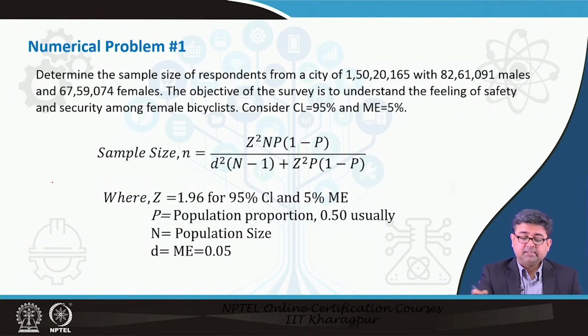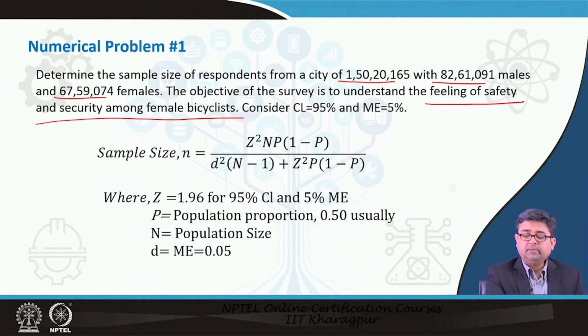This is an example problem that we have shown in a city that has a population of 15 million, with 8 million males and over 6.5 million females. The objective, there was a survey conducted to understand the feeling of safety and security among female bicyclists, right.